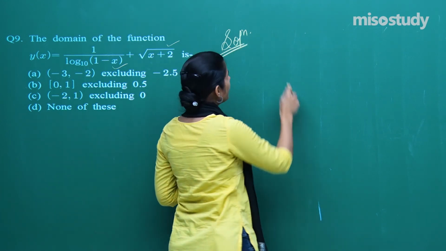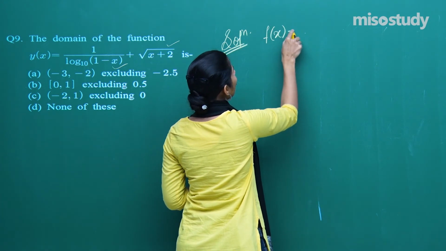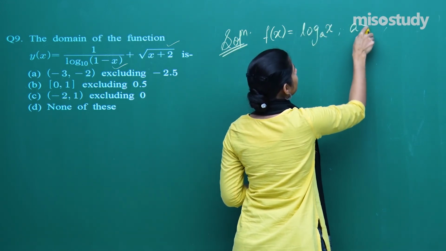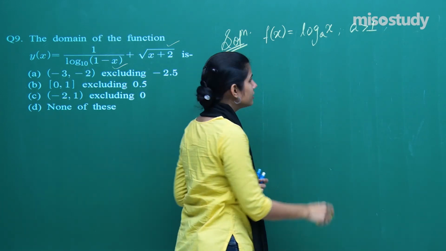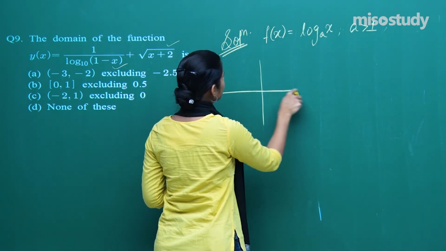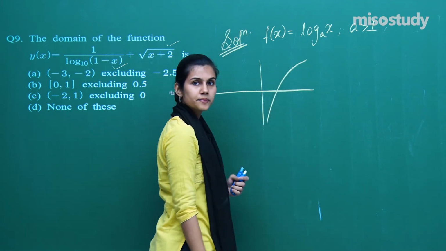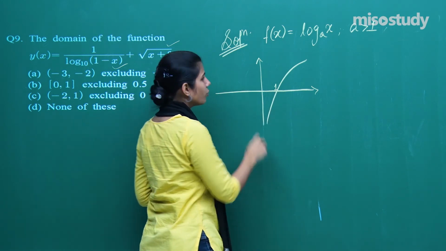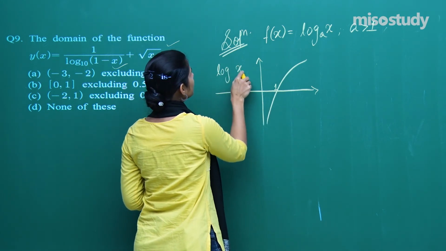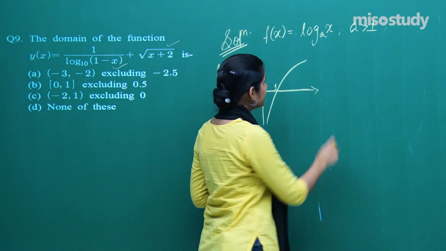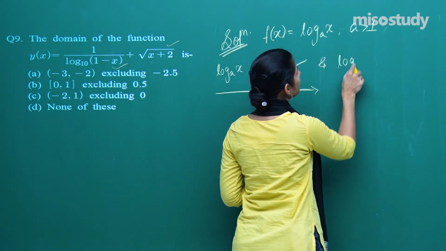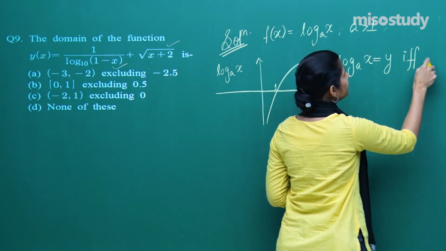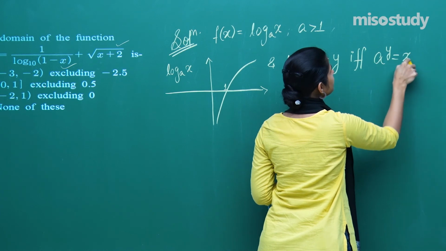We all know that the function log x, if I just take a greater than 1, the graph comes like this of log x. Log of 1 is 0. And we all know log x to the base a is y if and only if a to the power y is x.